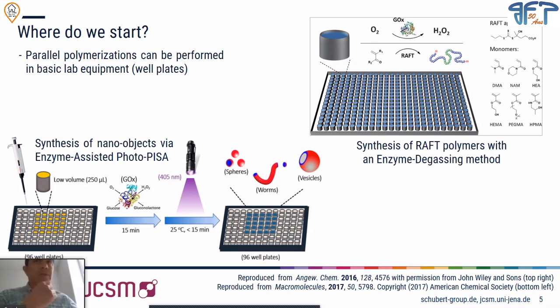Normally, it's 250 microliters, depending on the size. But you can even go smaller, to a few microliters. In these examples, for instance, from Australia, from the group of Professor Boyer and his colleagues, they show different arrangements to perform RAFT polymerization.